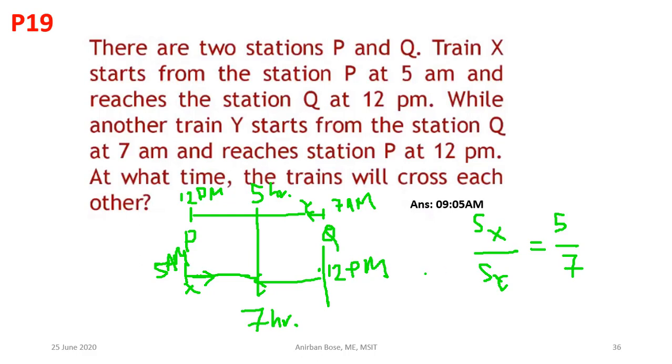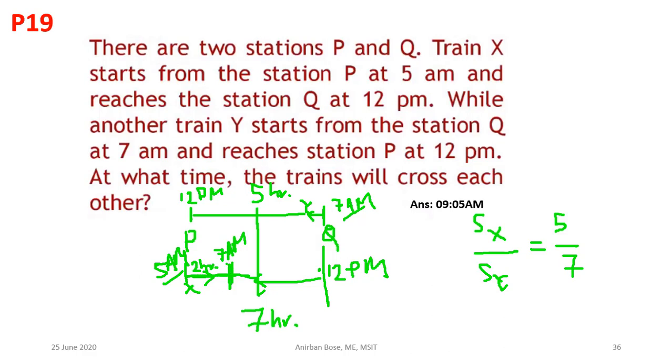Clear? Okay, now see from 5 a.m. to 7 a.m. the Y train has not yet moved because it starts at 7 a.m. only. So in these 2 hours, only the X train moves up to this point.